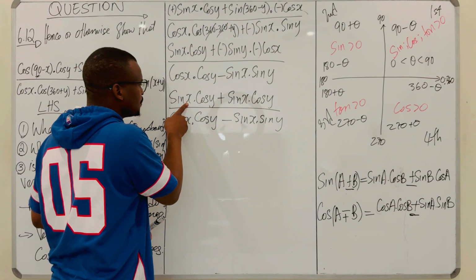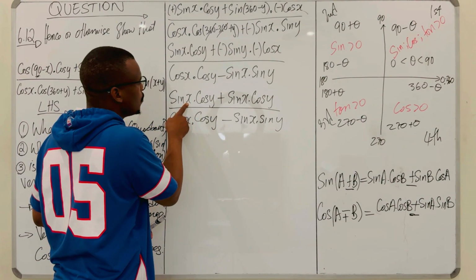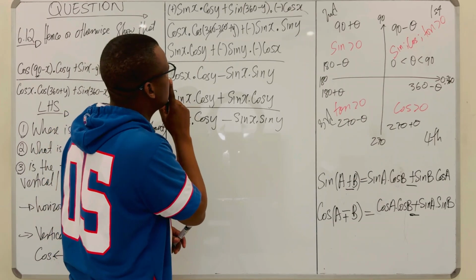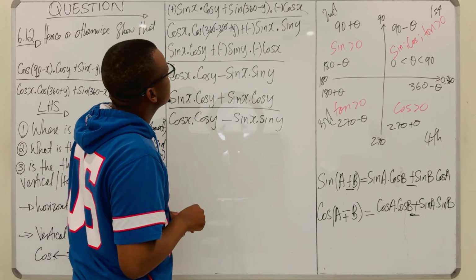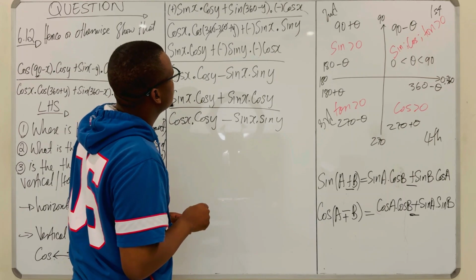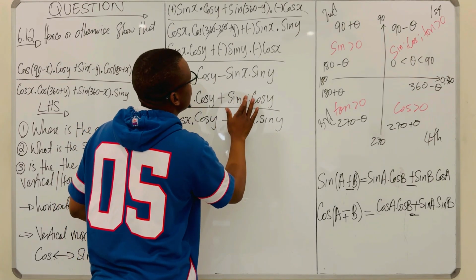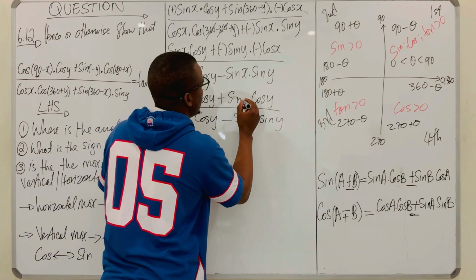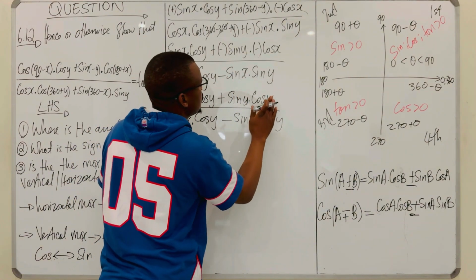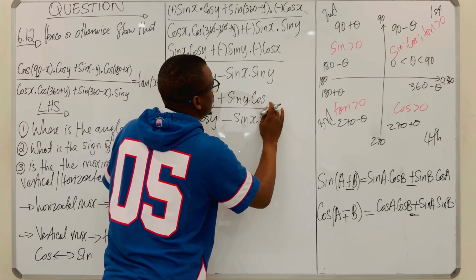So if you look at this, wait, something is not right. This should be sine y here, and then it should be cos x here.